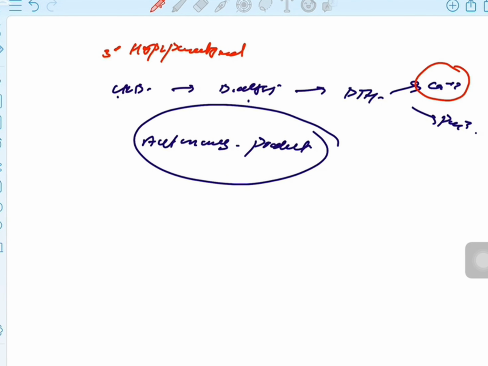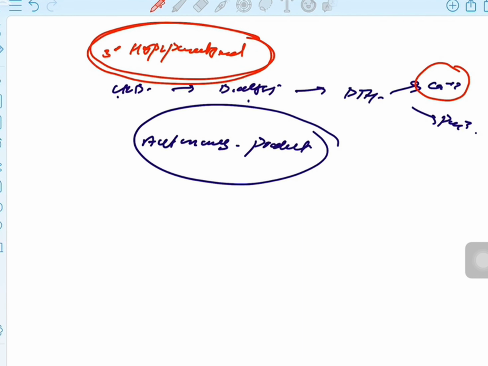Upon investigation, there is a high level of parathyroid hormone, calcium, and phosphate, and the patient is on dialysis for the last 6 years. What is your diagnosis? When the examiner mentions that the patient has been on dialysis for the last 5 or 6 years, you have to notice that this is tertiary hyperparathyroidism.